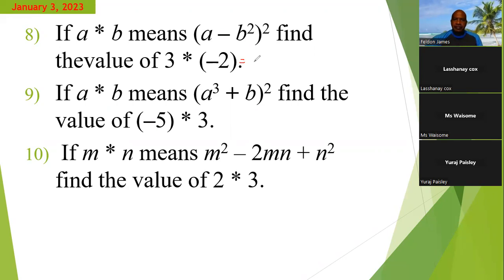All right, sir. So it substitutes a minus b, square bracket, square. What would we be substituting for a? 3, sir. Okay, minus negative 2 squared.